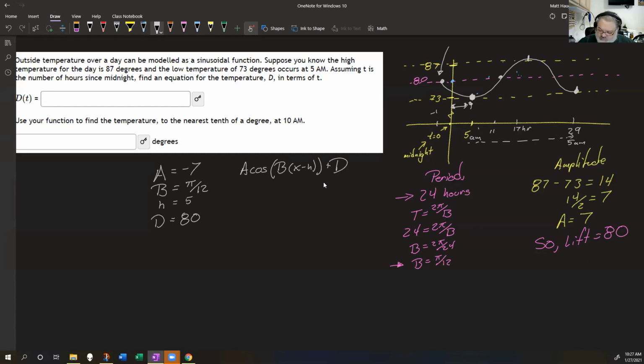And it wants a T, so we should use a T. So -7 cosine pi over 12 times T minus 5 plus 80. And that would really be fine, I suppose.